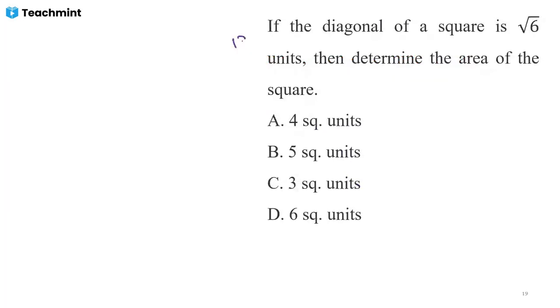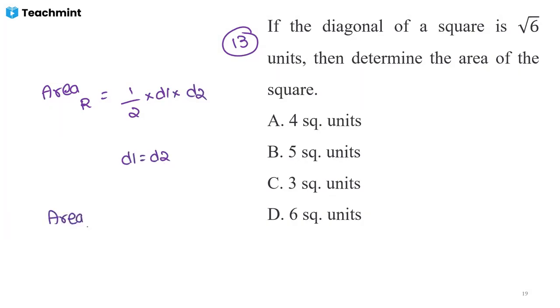And today, initially itself I mentioned, when the diagonal is given, area of a rhombus is half into the product of diagonals. When diagonals are equal, then it is a square. So when you know the diagonal, area of square is d square divided by 2.